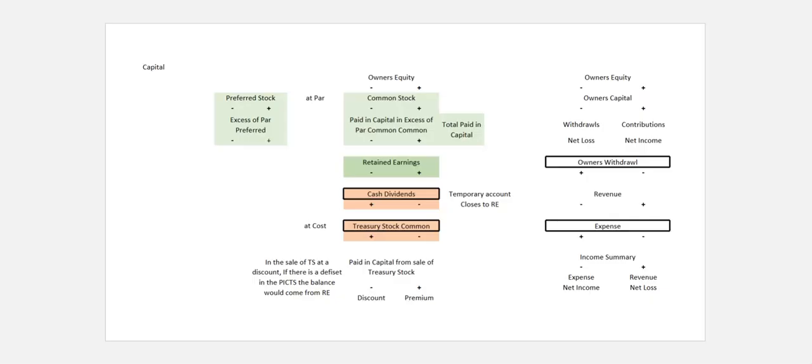That will tell us how many shares are issued. And we need to know that for when we disperse dividends. So we'll be issuing common stock at par, and in excess of par, if we sold it for more than our par value, then the excess amount would come into this account here. And this will be our total paid in capital.